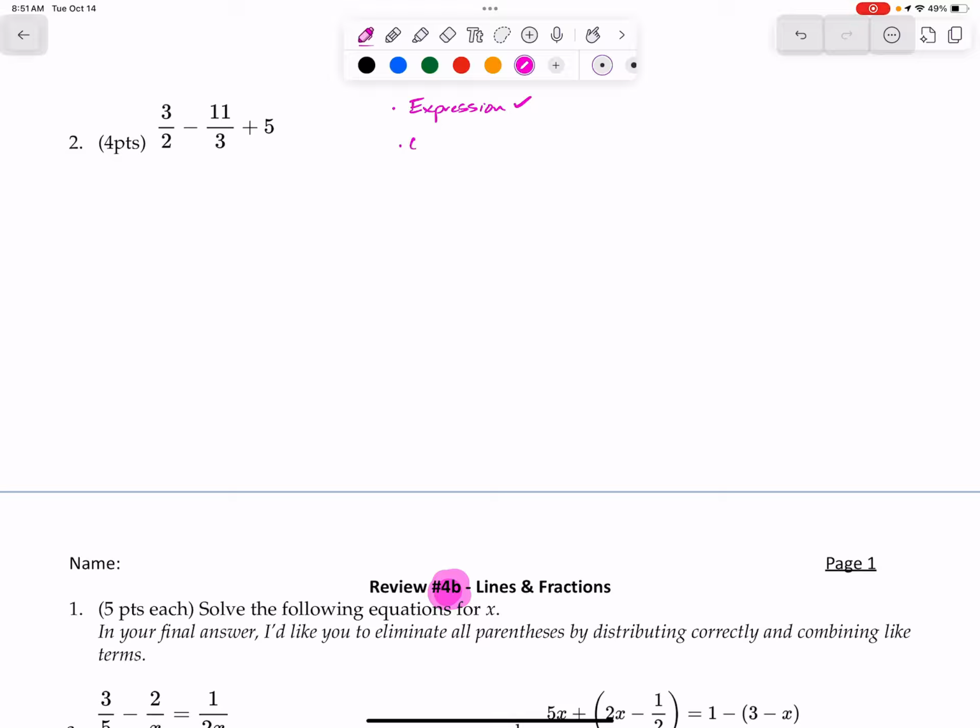And I'm going to have a common denominator, such a long word, of 6.